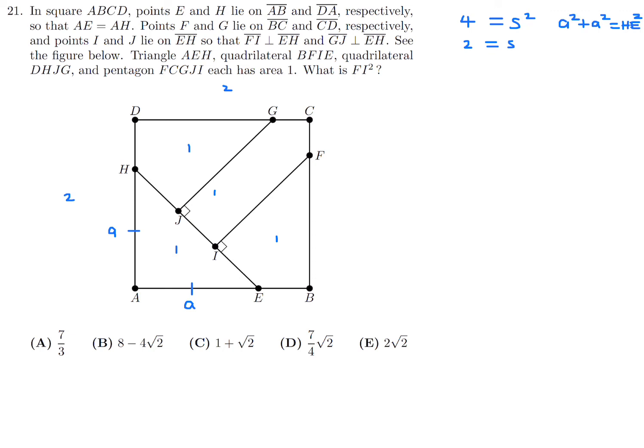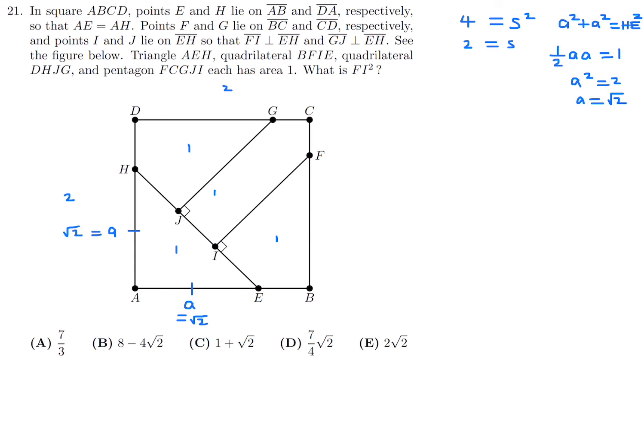An easier way to figure out the value of A is to use the fact that this triangle has an area of 1. So 1/2 base times height, which would be A times A, is equal to 1. So A squared is equal to 2, and therefore A is equal to root 2.